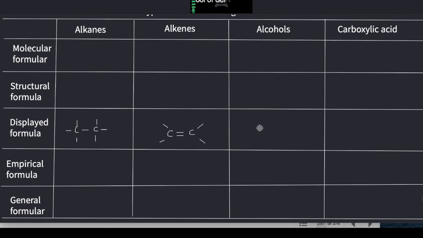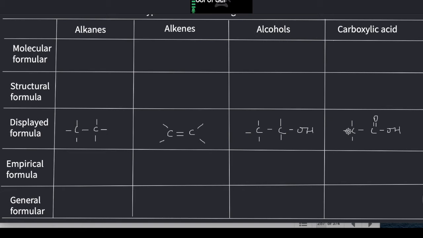So the alcohol will be two carbons, and here bonded with the functional group OH, and the rest will be bonded with hydrogen. And this one, 2 carbons, but this one already has a functional group COOH. Here is bonded with hydrogen.